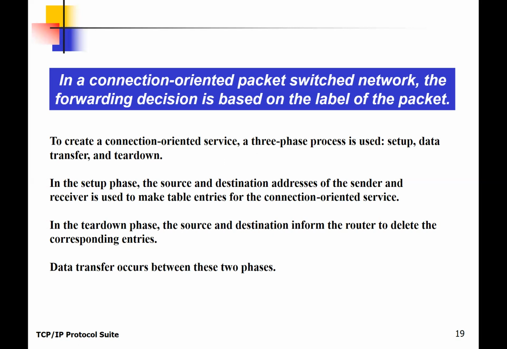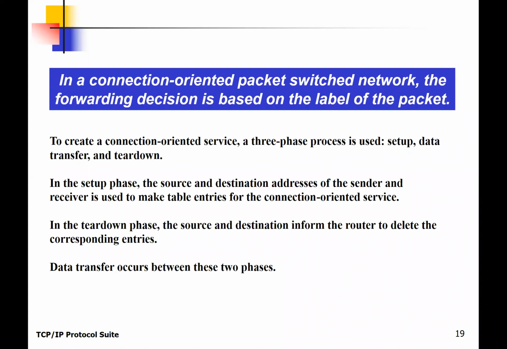So to create a connection-oriented service, we say there are 3 phases. What we need: setup, data transfer, and finally, tearing down the connection. In the setup phase, the source and destination, the sender and the receiver, are used to mark table entries for the connection-oriented service. I will show you the process.